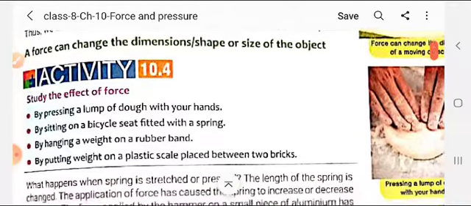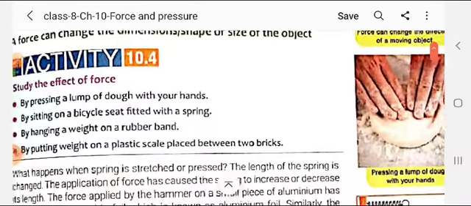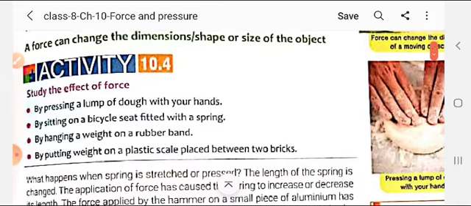By pressing a lump of dough with your hand, just for example, if you are going to make a chapati, you have to knead the flour by pressing it with your hand. So while kneading the flour, you change the shape and size of that dough.